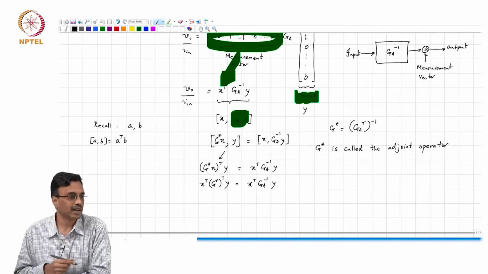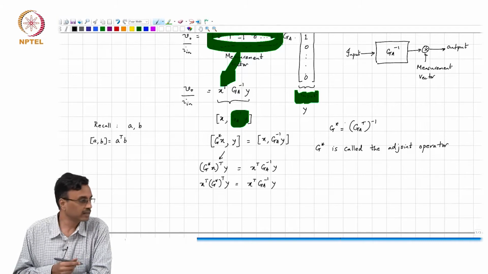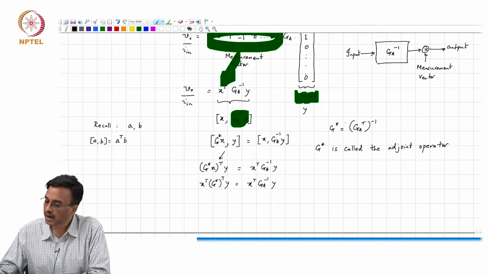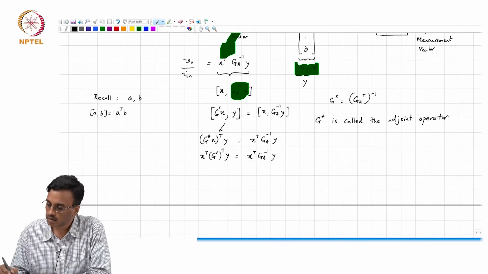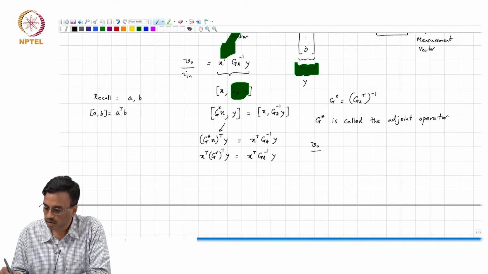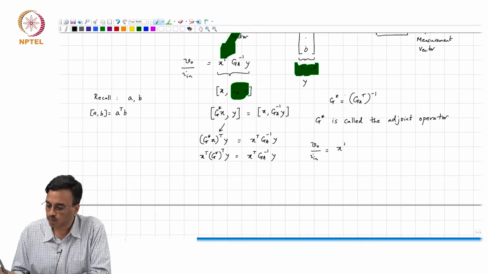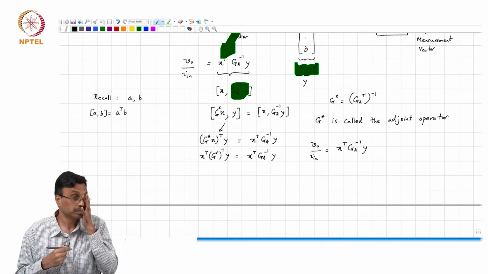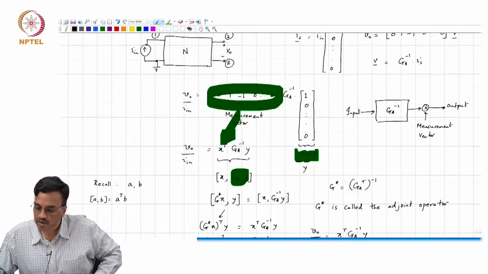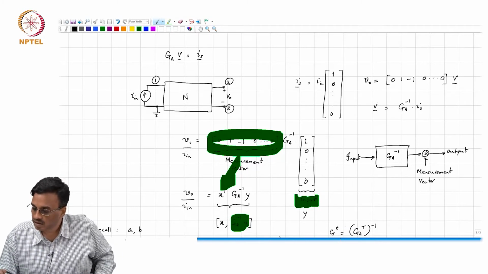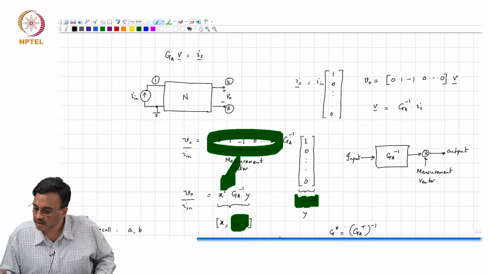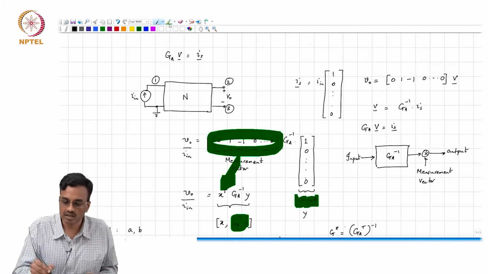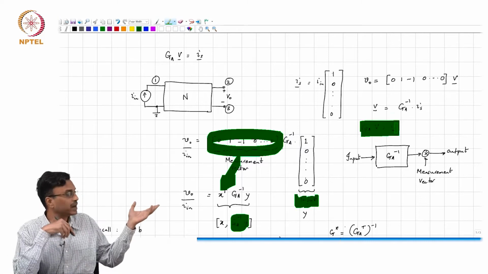If we want the same transfer function, another way of interpreting this is to say, well, Vo by Iin we know is X transpose GA inverse times Y. Remember, when you write an expression GA times V equals IS, mathematically this is a set of equations, but how would you interpret this?